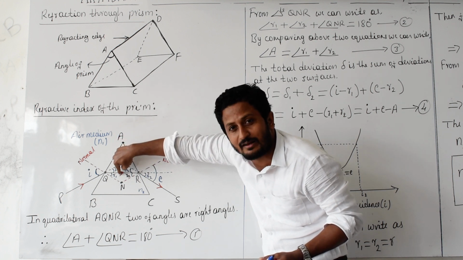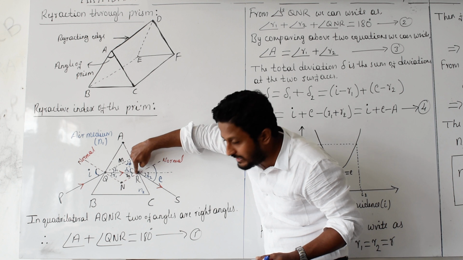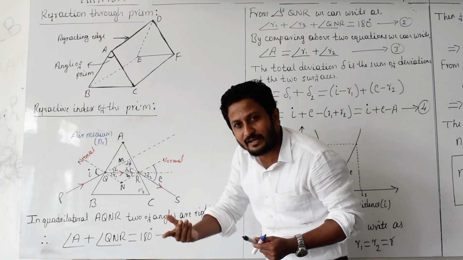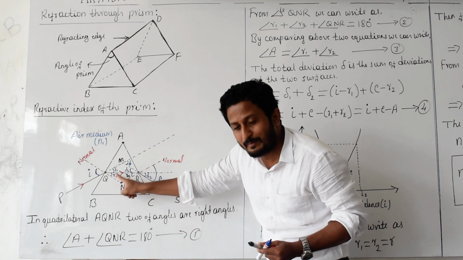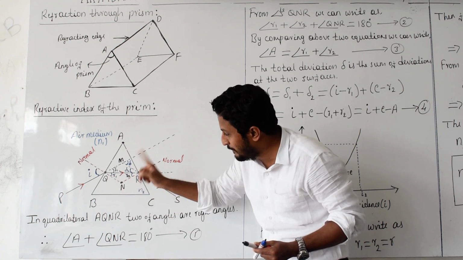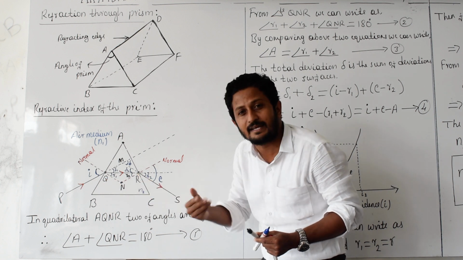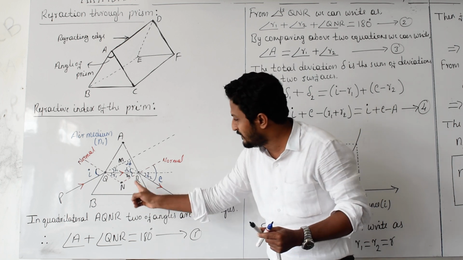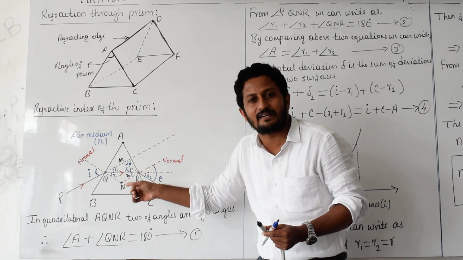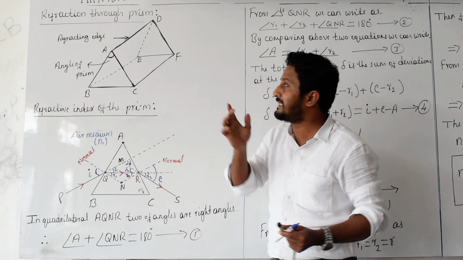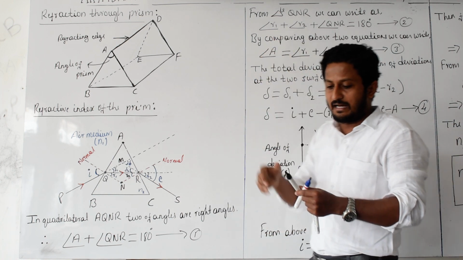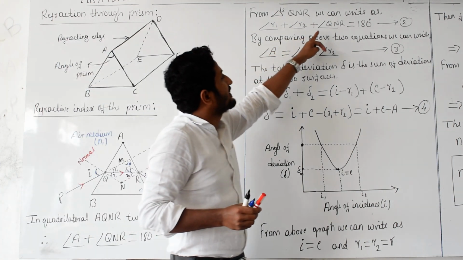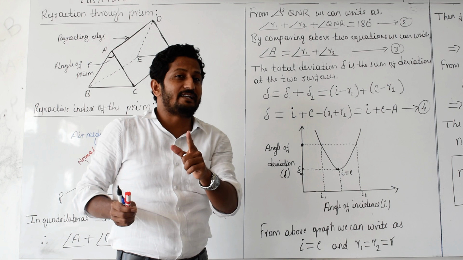First angle is R1 and another one is R2. Remaining is QNR. Then what we can write? R1 plus R2 plus QNR is equal to 180 degrees. The sum of three angles of a triangle is equal to 180 degrees. That we have written here: angle R1 plus angle R2 plus angle QNR is equal to 180 degrees.